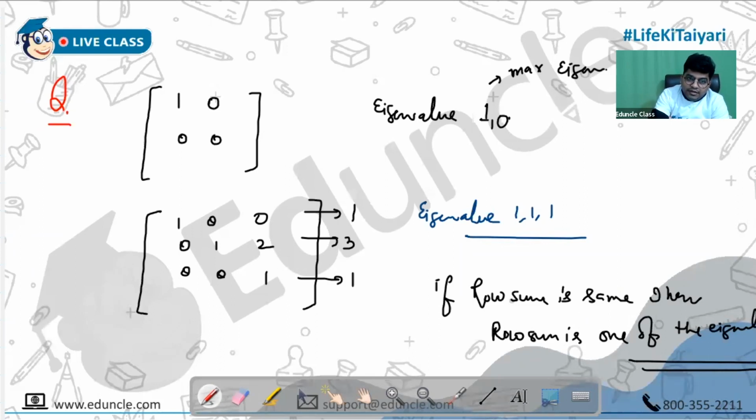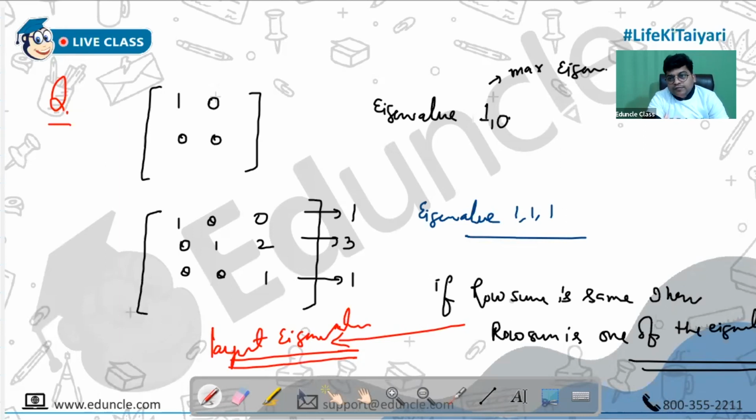And that row sum is called the largest eigenvalue. There is some proof of this result. So if the row sum is the same, then that is one of the eigenvalues, and that one is the largest. This is the same as the column sum also. You can verify this result and you can tell.